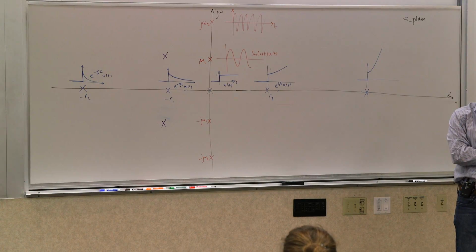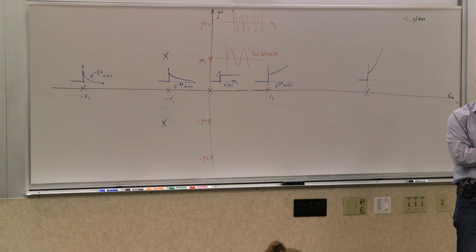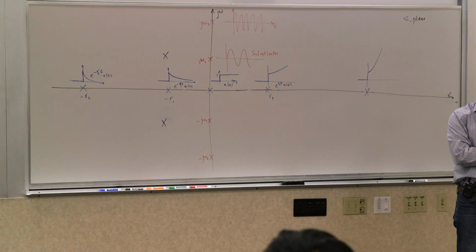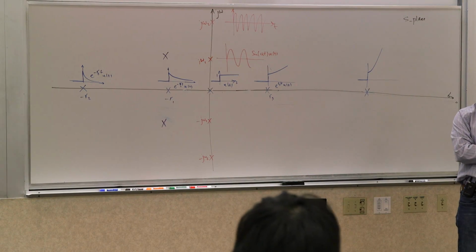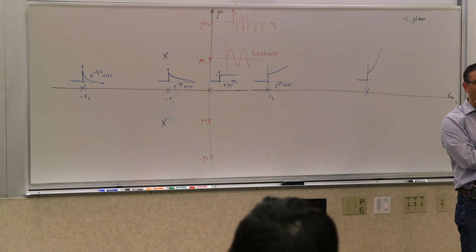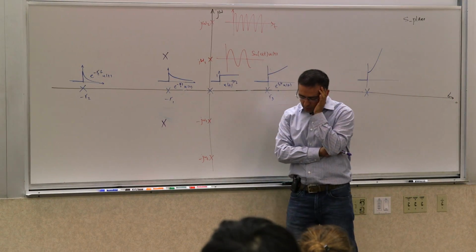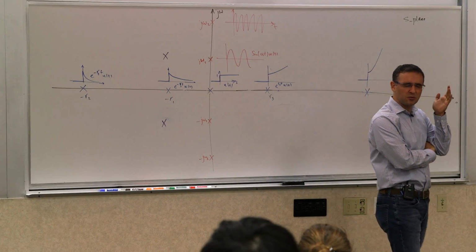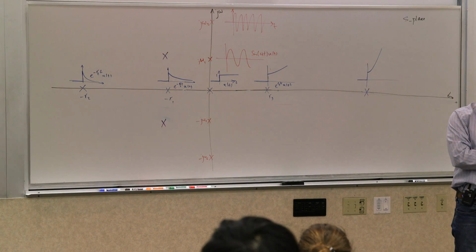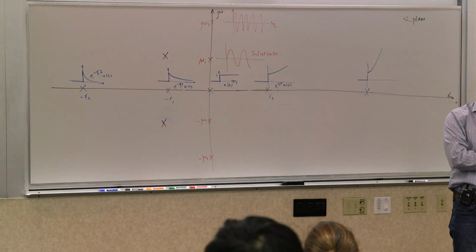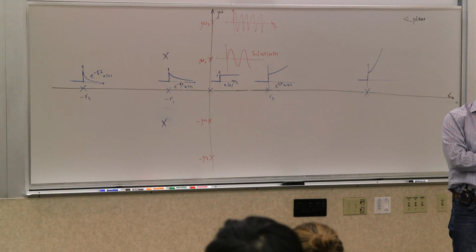What is the impulse response of that? Those correspond to things like what I just showed, omega 0 over p plus sigma squared plus omega 0 squared, right?